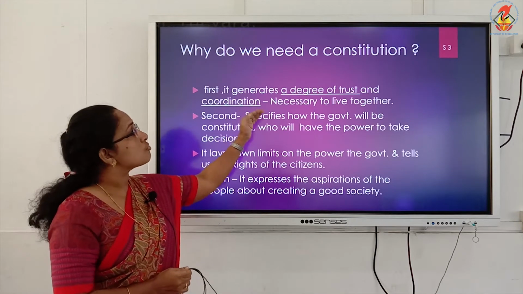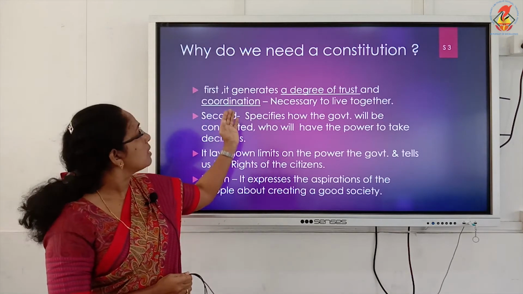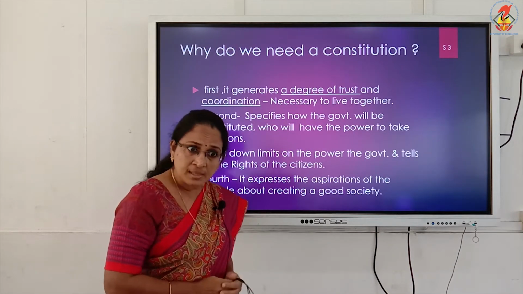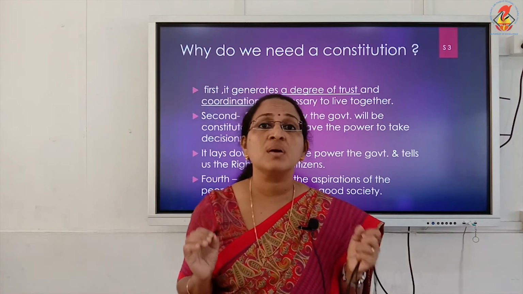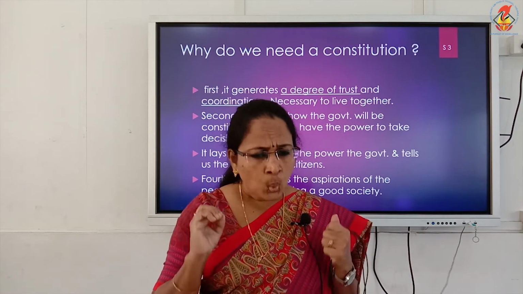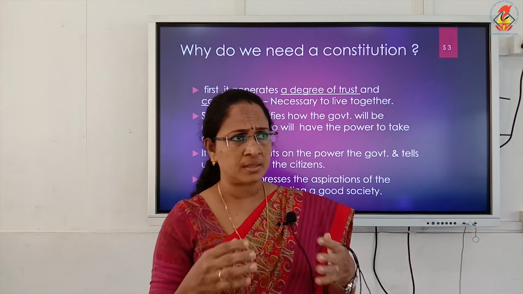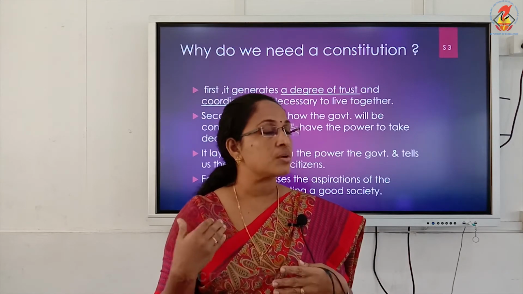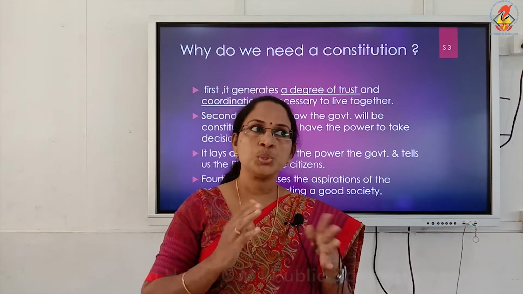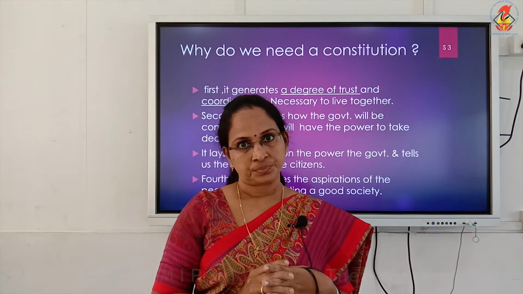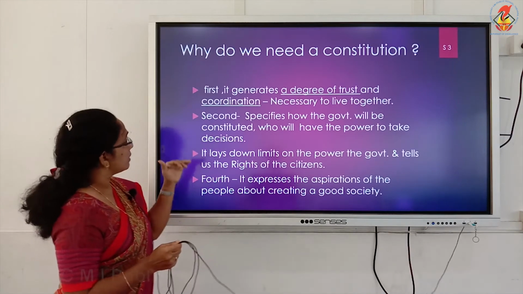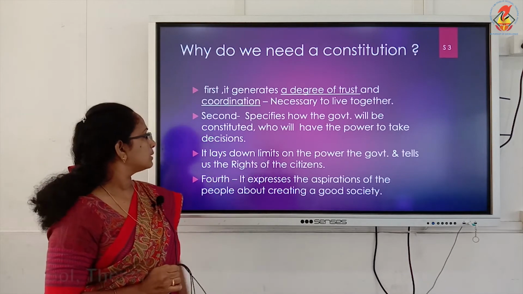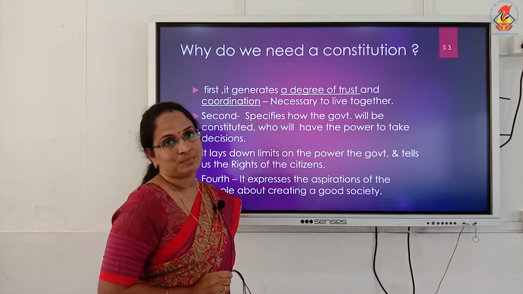First, it generates a degree of trust and coordination among the citizens that is necessary to live together. Second, it specifies how the government will be constituted and who will take the decisions. That means the different organs of government, legislature, executive and judiciary, and how they work with each other is mentioned. Third, it lays down limits on the powers of the government and tells us about our fundamental rights.